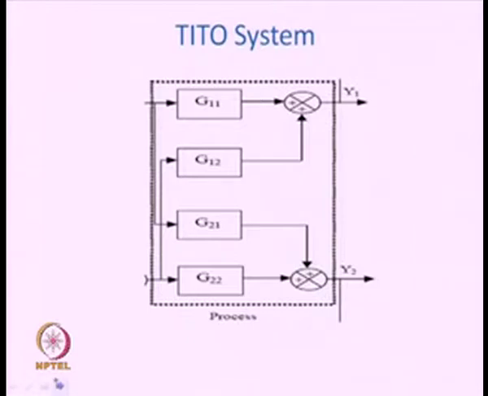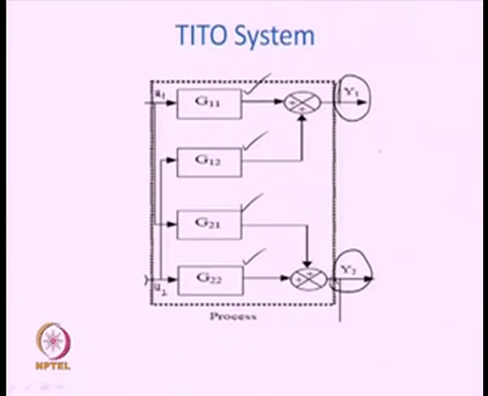Now, what does a TITO system look like? It has at least 4 subcomponents given by G11, G12, G21 and G22, and there are 2 inputs. The input signals can be given by U1 and U2. Similarly, the system has 2 outputs shown by Y1 and Y2.